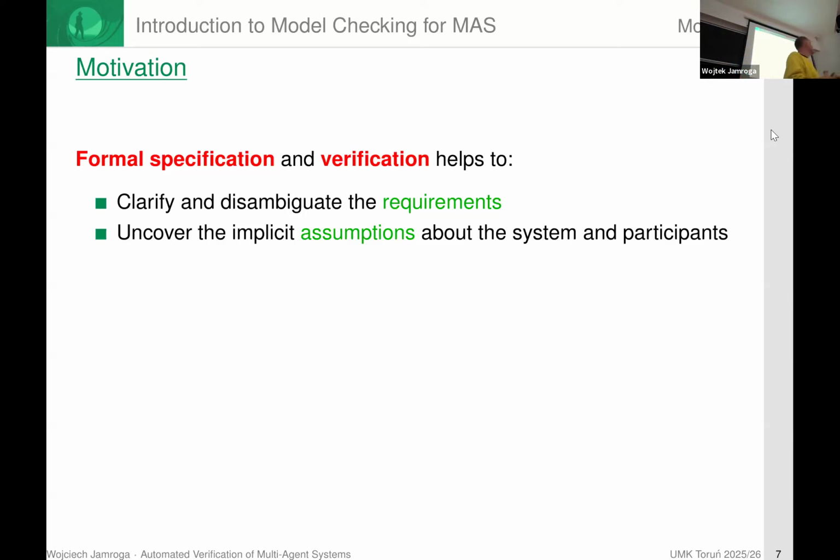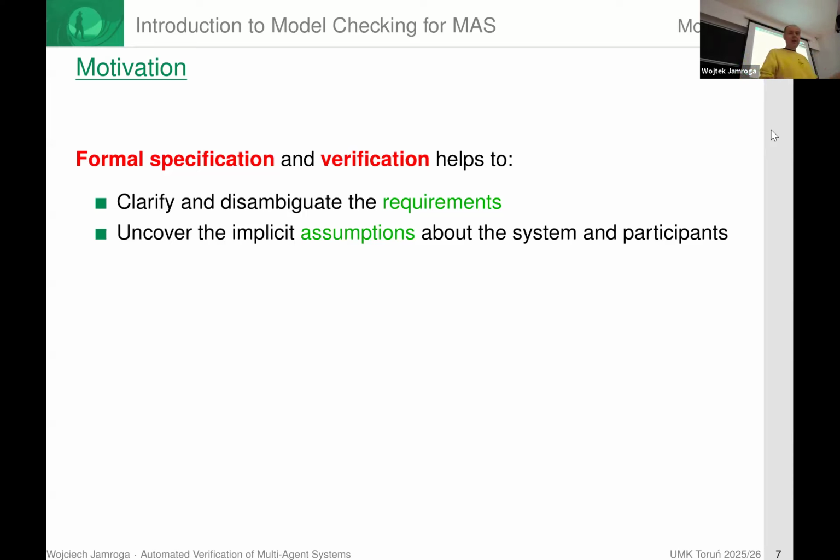And this is what this part says, that if we do formal specification, it typically helps to disambiguate the requirements. So to make sure that we are really after the same requirement, all of us, that is stated in English or in Polish or Indian for that matter.